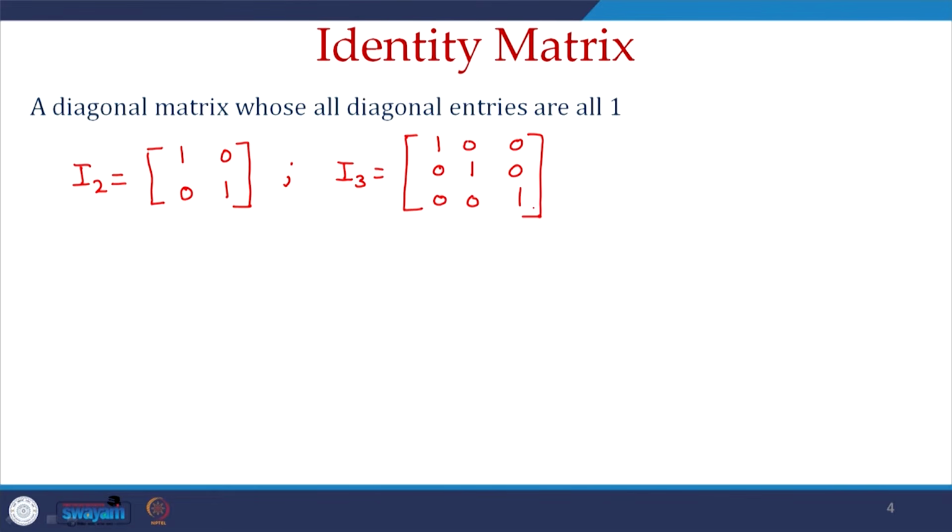You notice that identity matrices are square matrices of any order, because in the case of a rectangular matrix we cannot talk about diagonal elements. So this is the identity matrix.